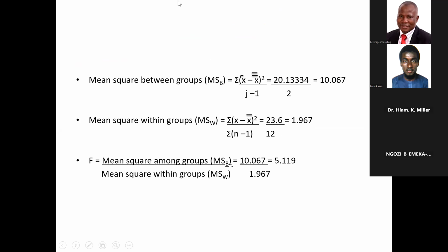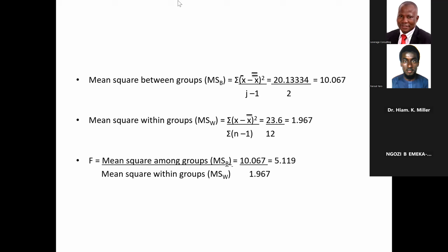Okay, before we move further, let me just explain this slide for you, what we just finished doing now. If they ask you the formula for ANOVA, it looks complex, but if you understand, you can even write it.